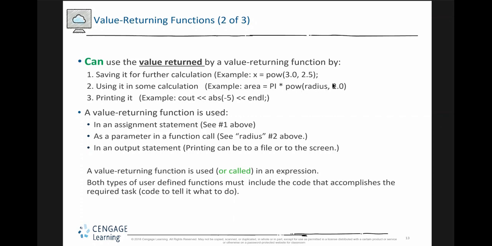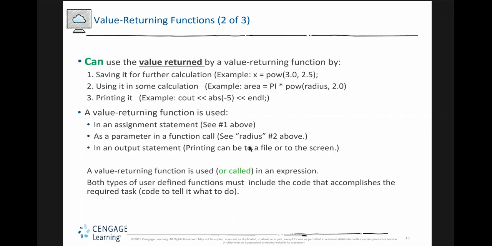And radius and 2.0, these are parameters. Radius is a variable, so it can change value. As a parameter in a function or in an output statement, or putting it to a file or to the screen with cout, or you learned about how to put things to a file with iostream, header files, etc.